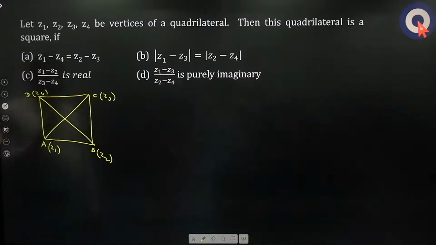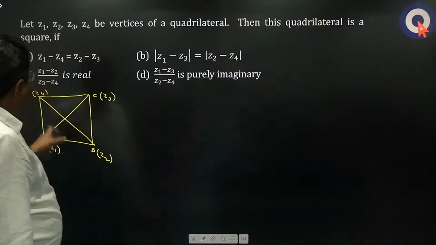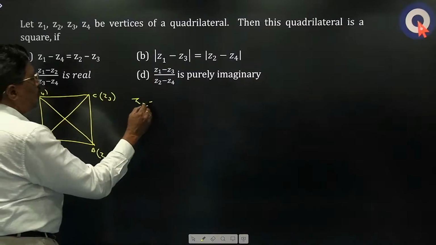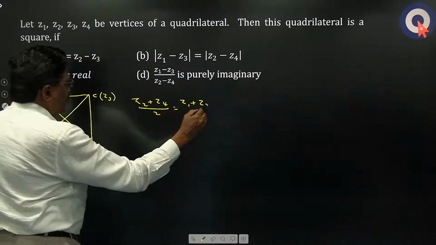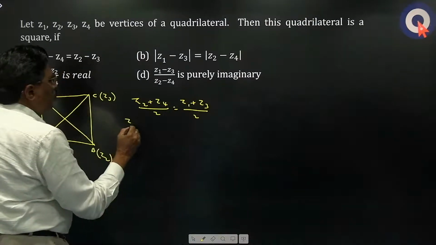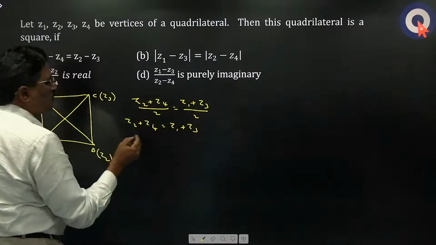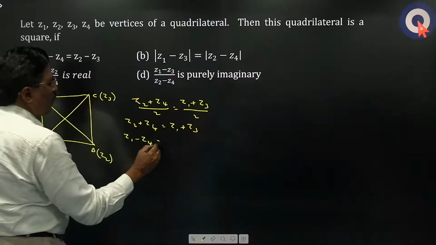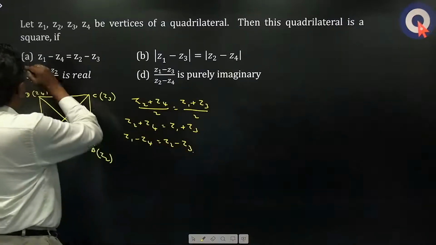In the case of if it has to be a square, the diagonals have to bisect each other. So Z2 plus Z4 by 2 is equal to Z1 plus Z3 by 2. So you have Z2 plus Z4 is equal to Z1 plus Z3. So this is Z1 minus Z4 is equal to Z2 minus Z3. So option A is correct.